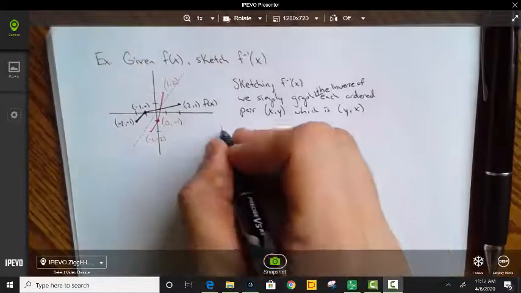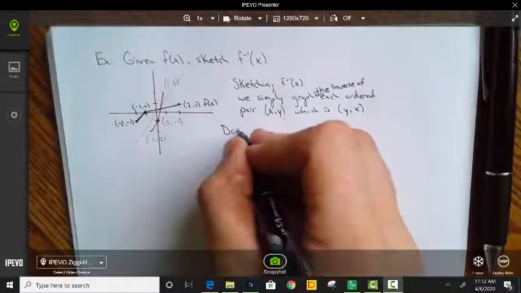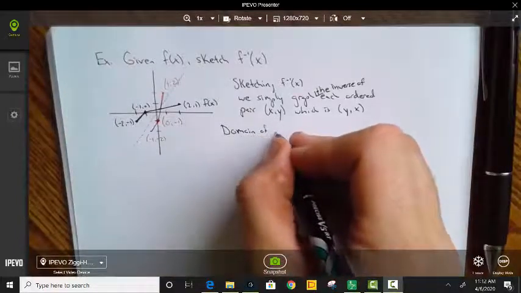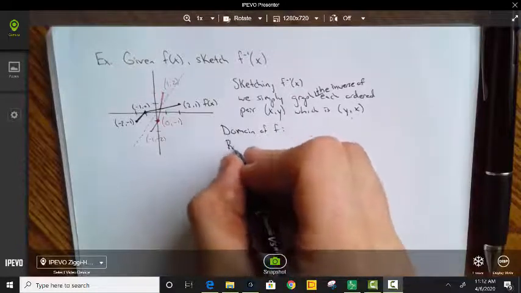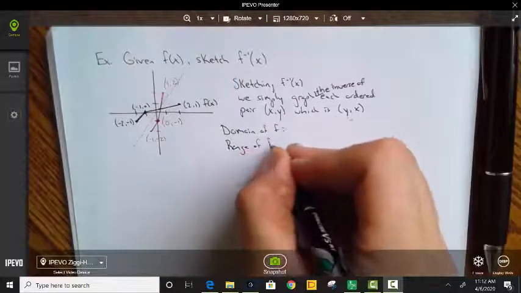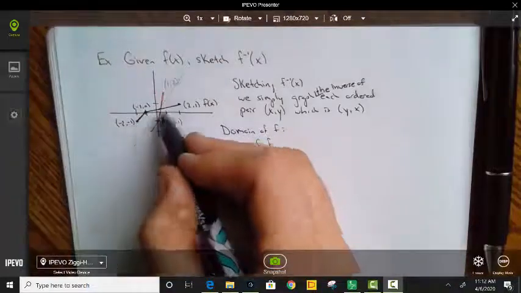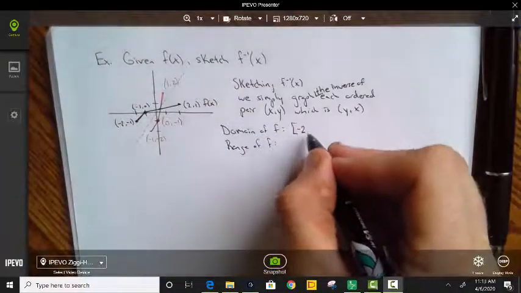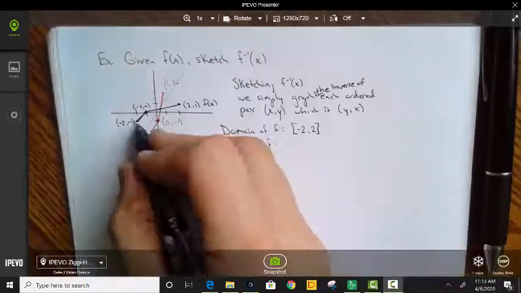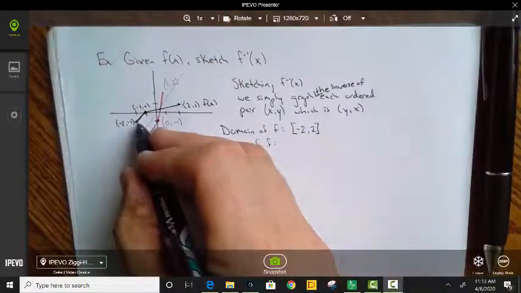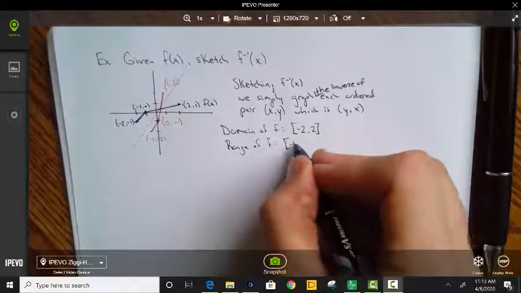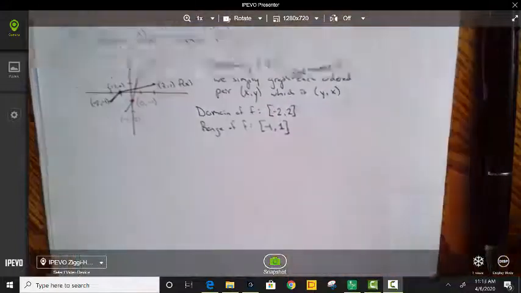Now, from here, what I want you to do is look at the domain of f and the range of f. So looking at the f function, we see that the domain is negative 2 to 2. It runs from negative 2 to positive 2. And the range runs from negative 1 to positive 1.